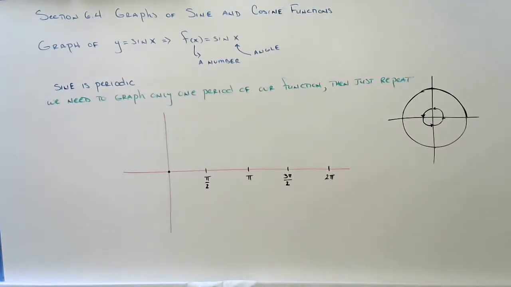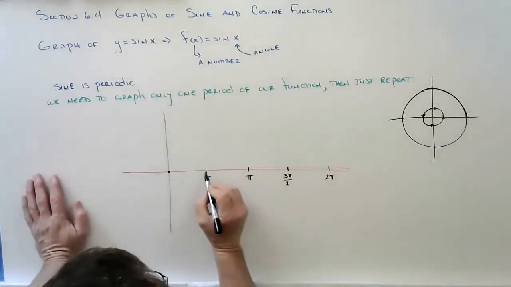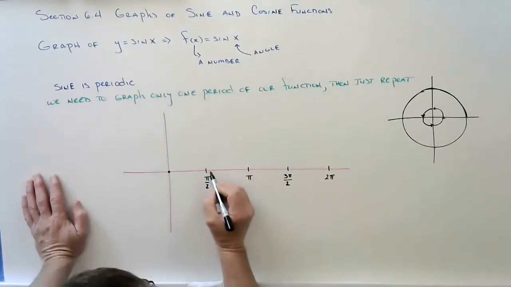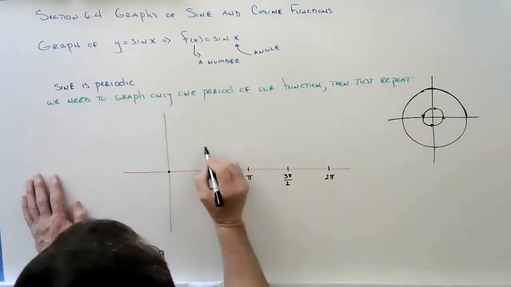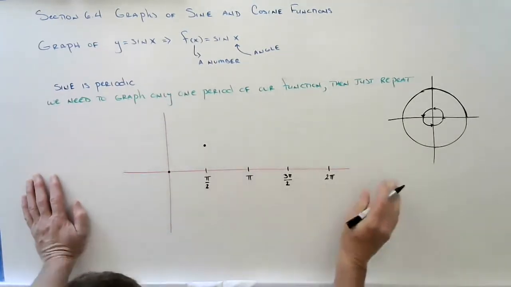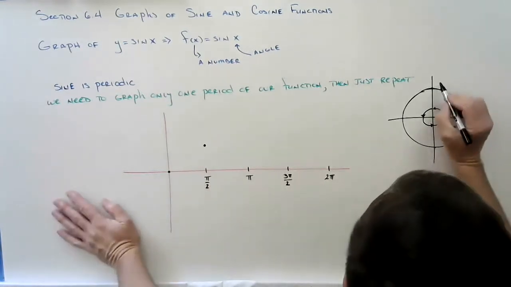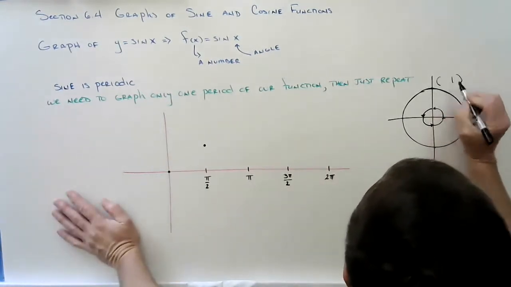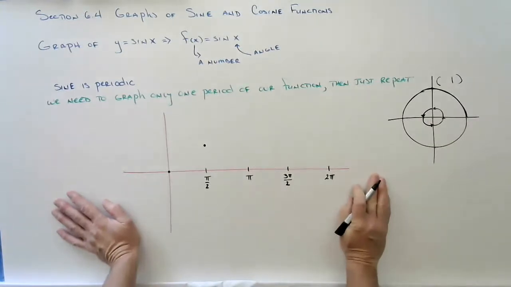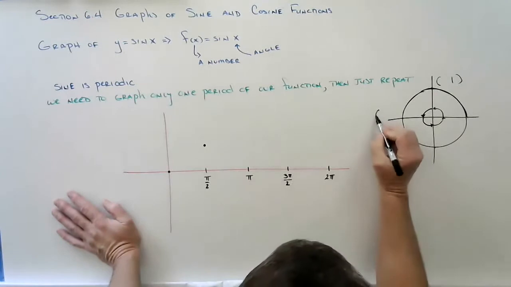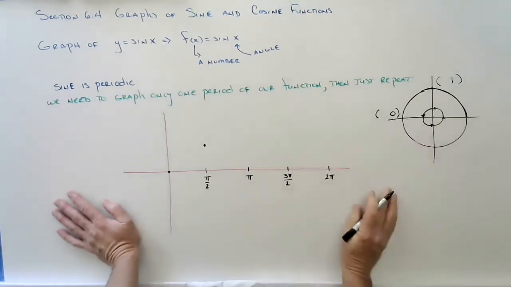Now, we know at pi over 2, sine is equal to 1. We know that because right here, sine is equal to the y and sine is equal to 1. We know at pi, sine is equal to 0.